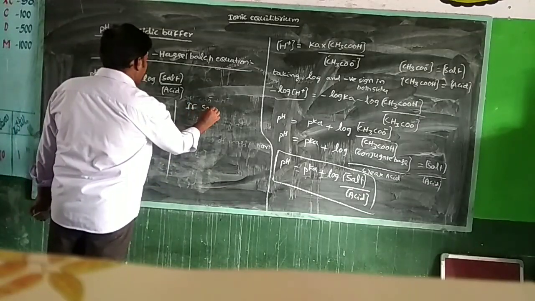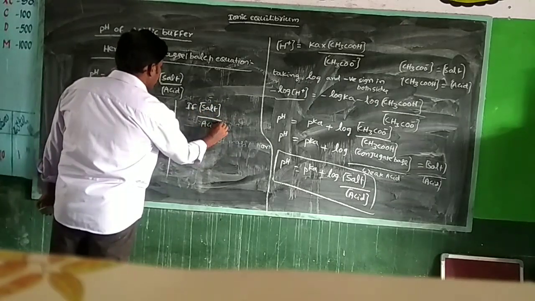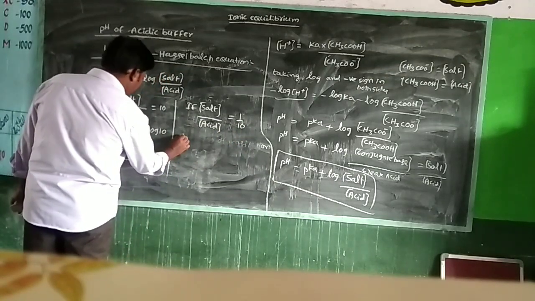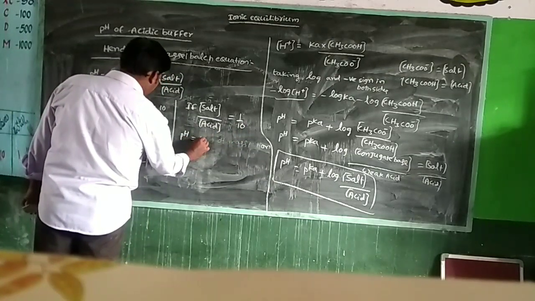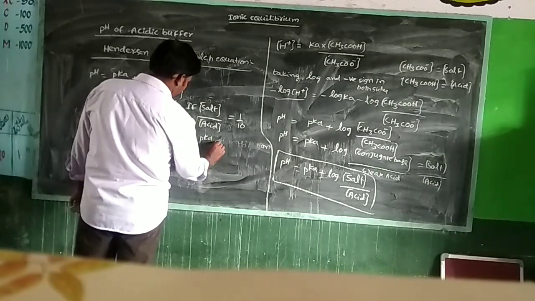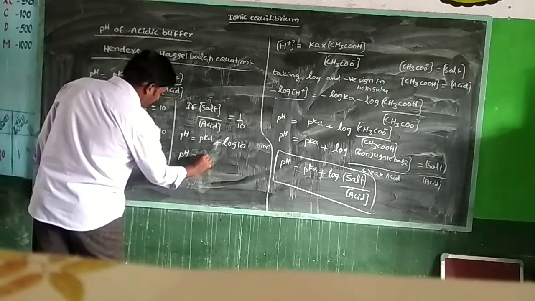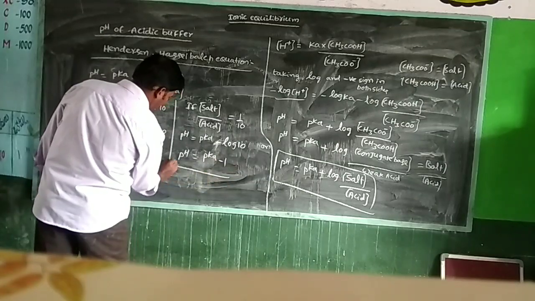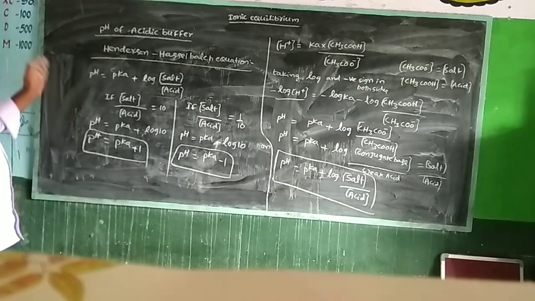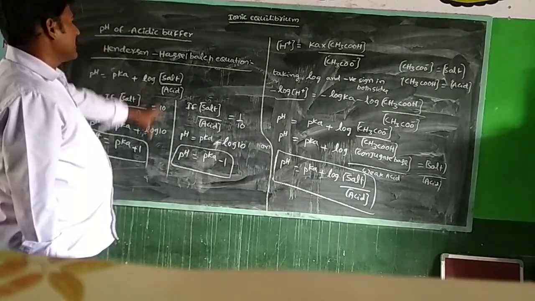If salt concentration upon acid concentration is equal to 1 by 10, then pH is equal to pKa plus log 1 by 10, which means minus log 10, which is equal to minus 1. So pH is equal to pKa minus 1. This is the concept for the Henderson-Hasselbalch equation for acidic buffer.